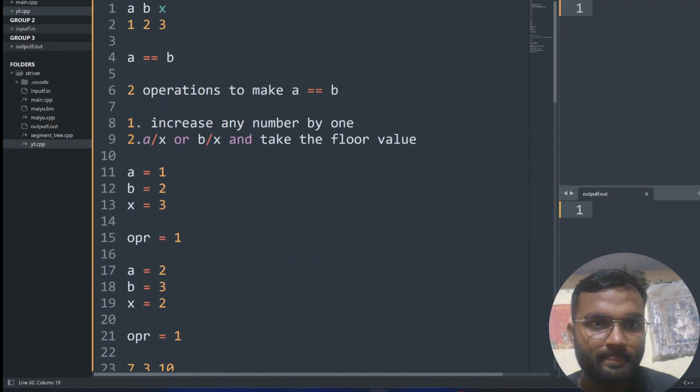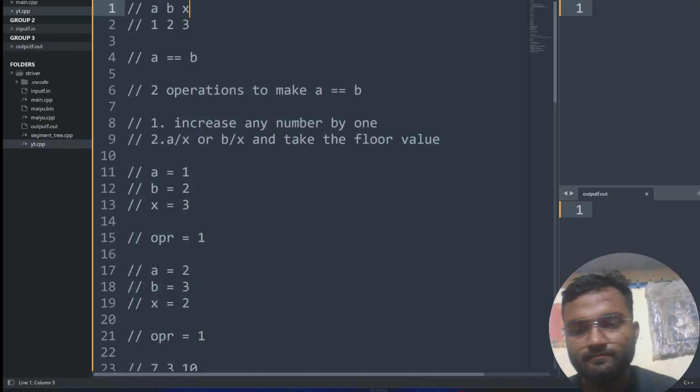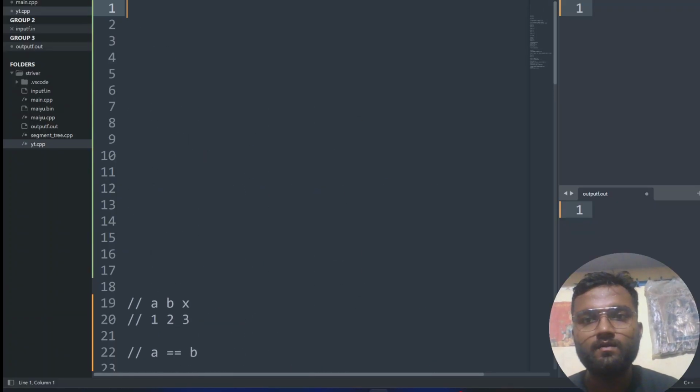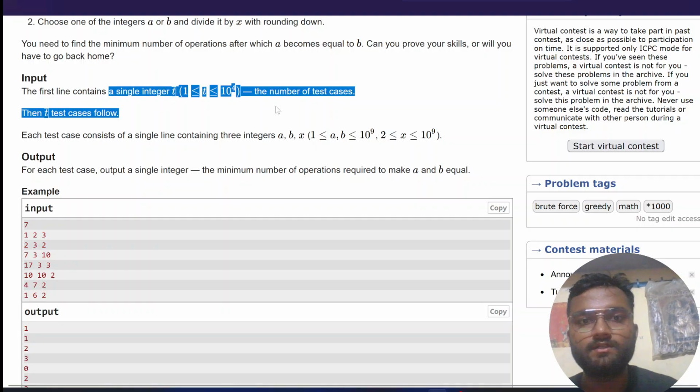Okay, now let me try to code it out. First, what is this? The first line is a single integer t.